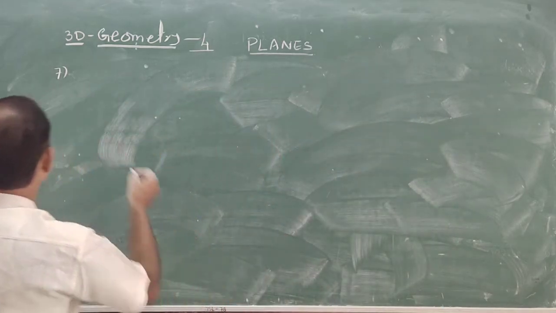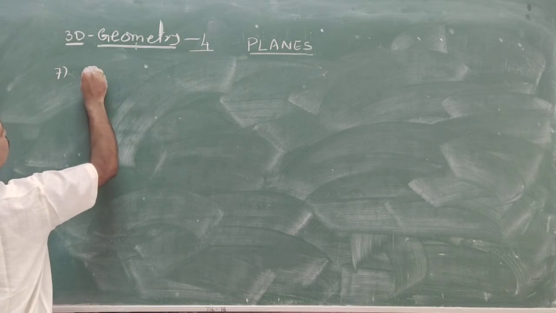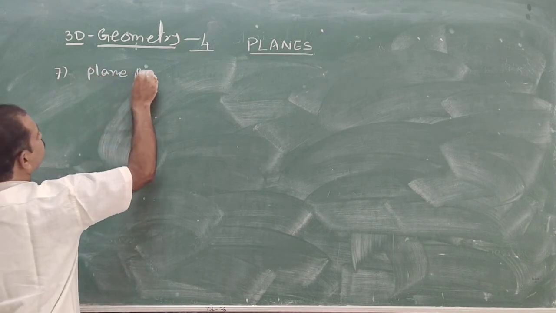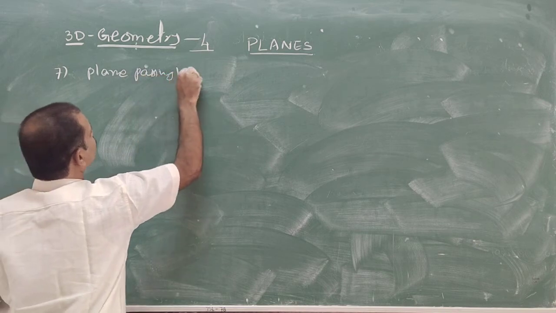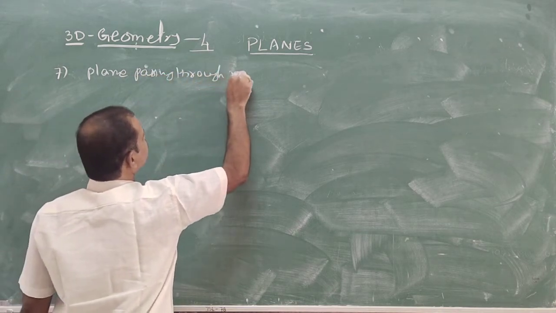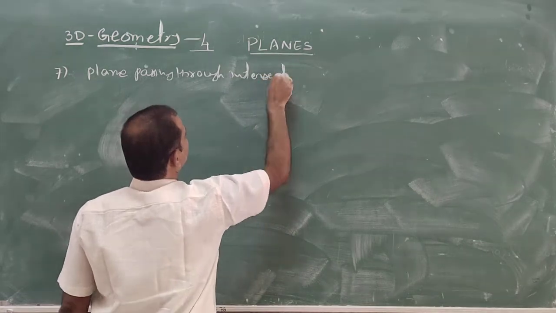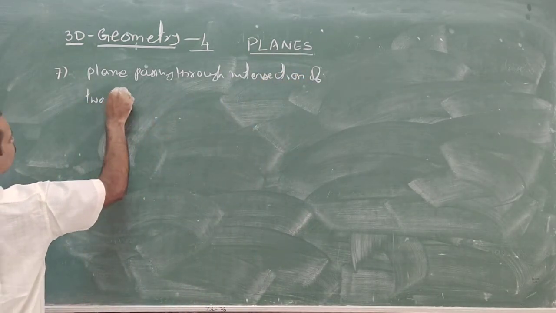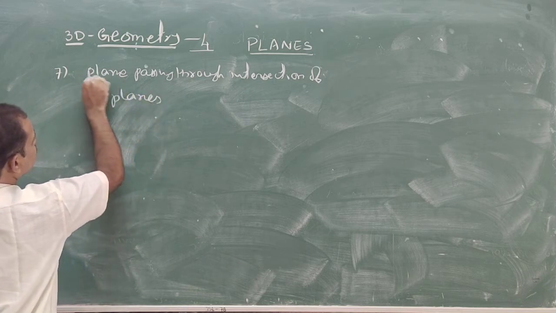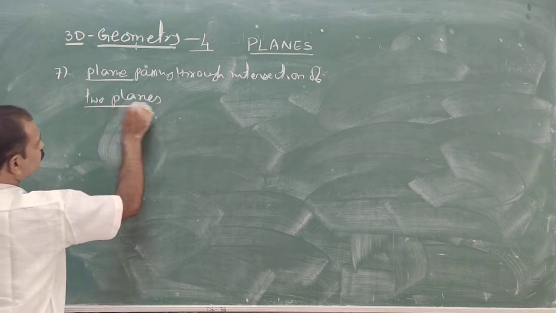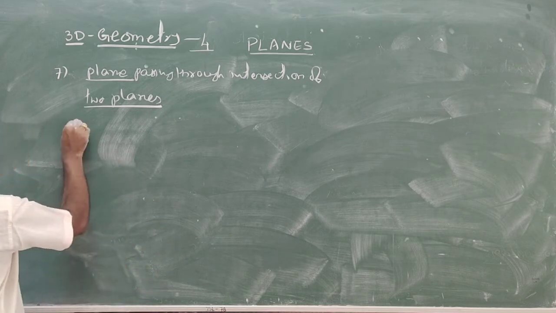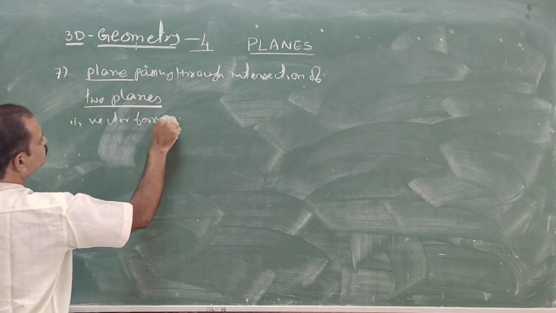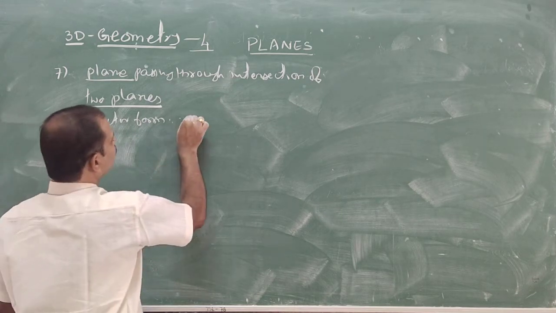So that is the plane passing through the intersection of two planes. First one, vector form. What is vector form?